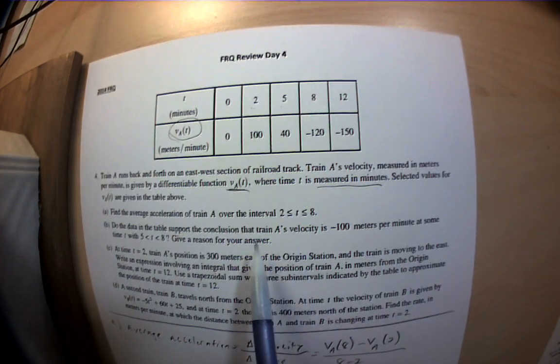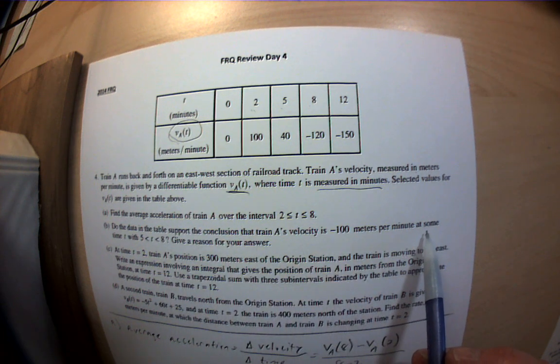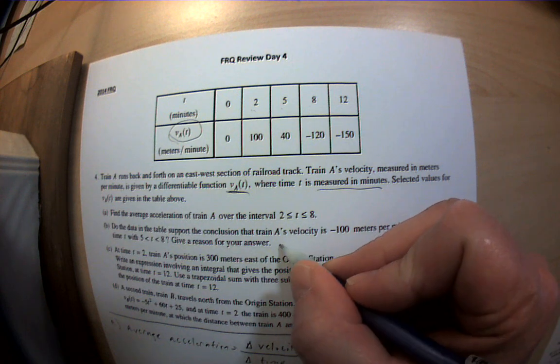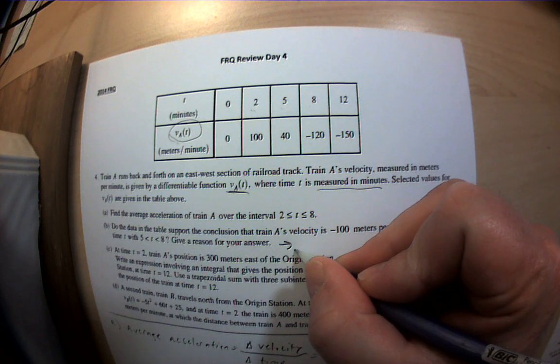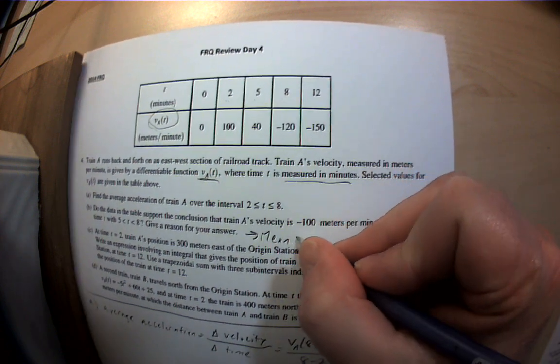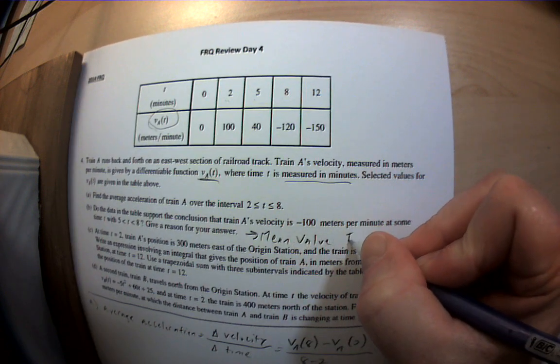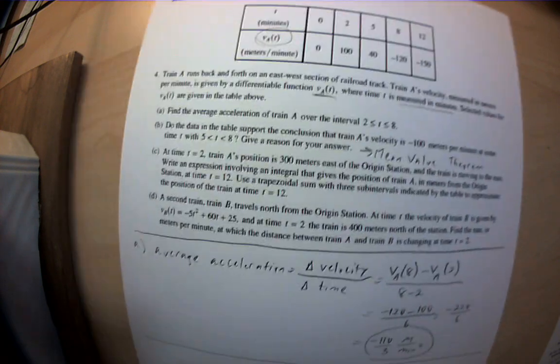But when you see this, support the conclusion that the velocity at some point in time, guys, that's kind of that language error. They're looking for you to support something, and at some point in the interval, you should be thinking those words. They're not always very clear, but it's mean value theorem. Okay, you're going to have to use the mean value theorem.